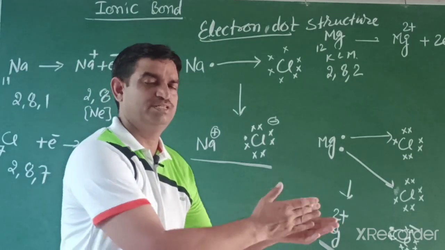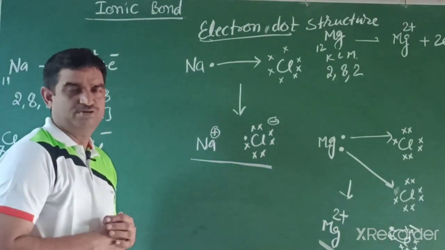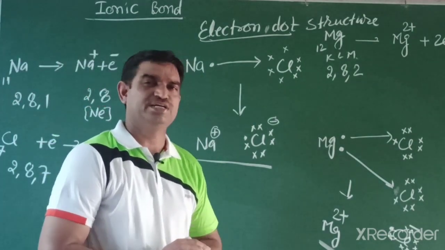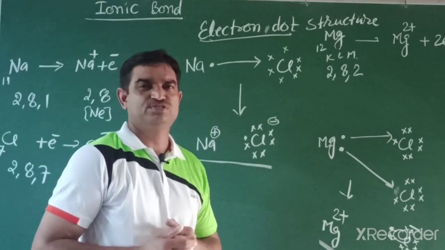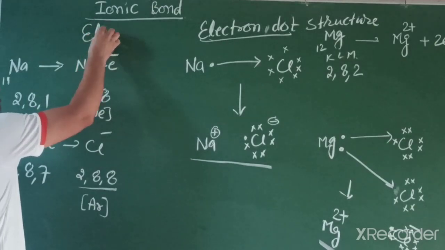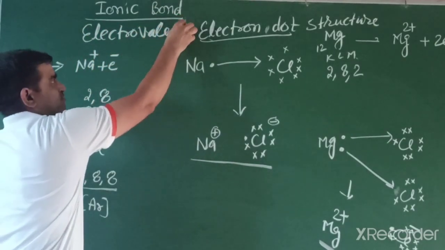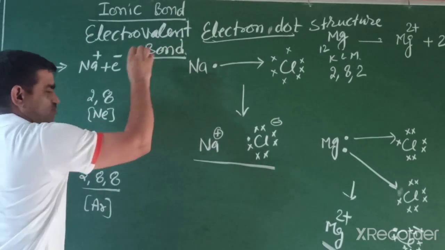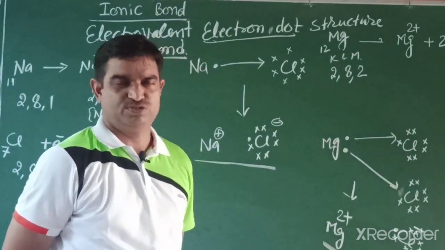One element gives, the other takes. This process is known as ionic bond, and compounds with this type of bond are known as ionic compounds or electrovalent compounds. Sometimes this bond is called the electrovalent bond.